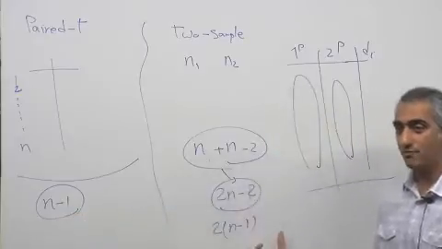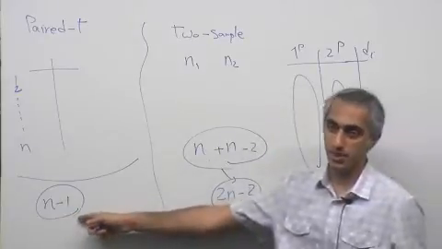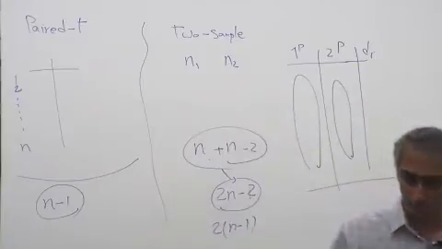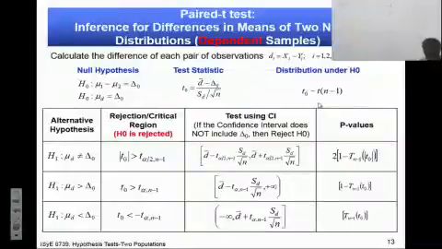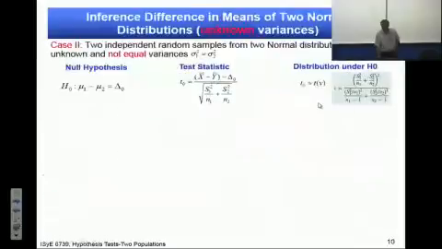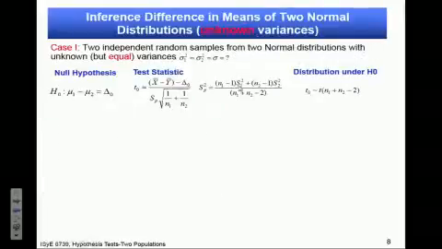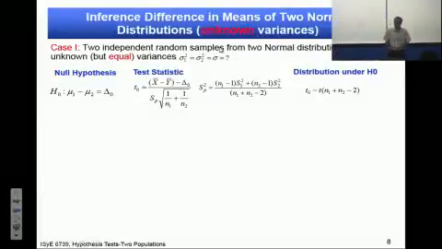So here you have more power compared to this case. When you have two independent samples, the more powerful way of hypothesis testing is the two-sample test, because it has more degrees of freedom and more power. Okay?